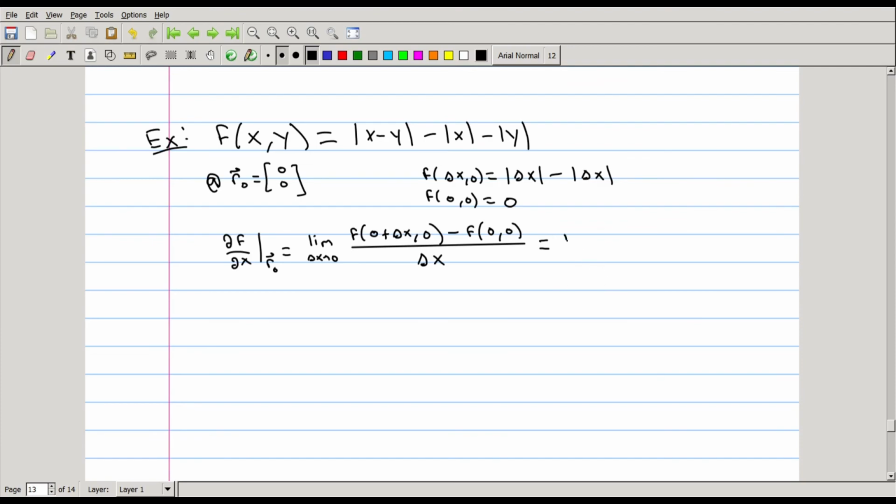This expression is the limit as delta x goes to 0 of f of delta x comma 0, which is the absolute value of delta x minus the absolute value of delta x, minus 0, over delta x.